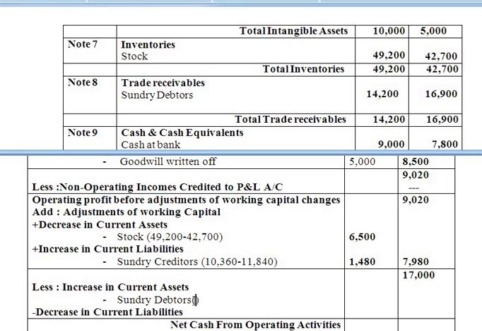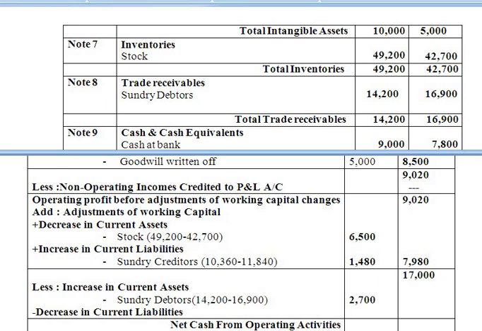So 14,200 minus 16,900, the difference is 2,700.